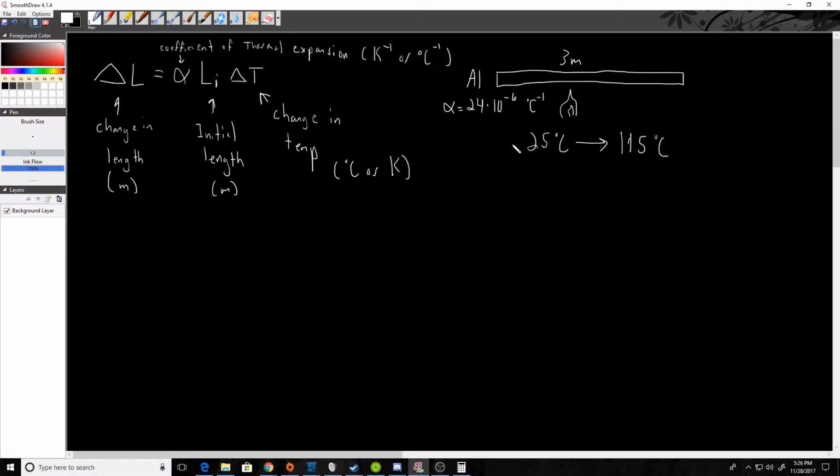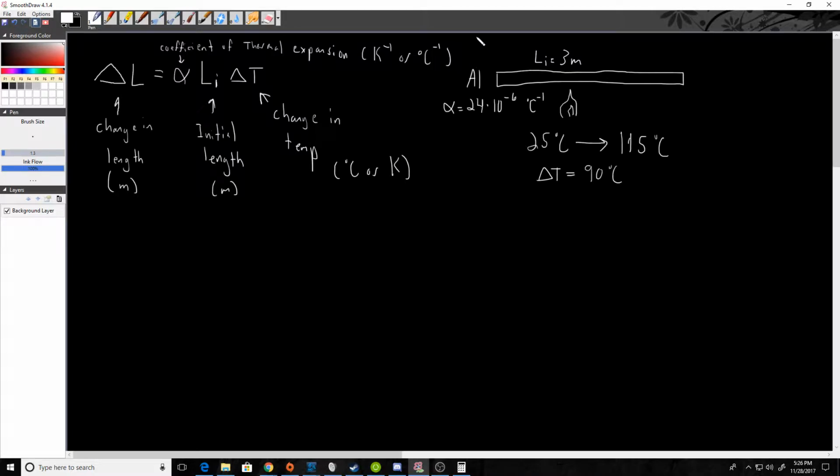So 24 times 10 to the negative 6, that's the coefficient of thermal expansion for aluminum. And we figured out that my aluminum rod here, starting with an initial length of 3 meters, to find my change in temp, I'm going to take 115 minus 25. And if memory serves me right, that should be 90 degrees Celsius. Remember, change just means final minus initial.